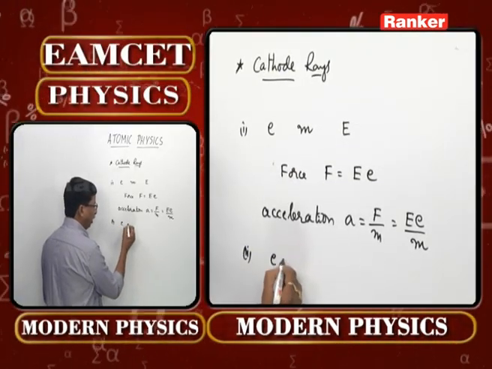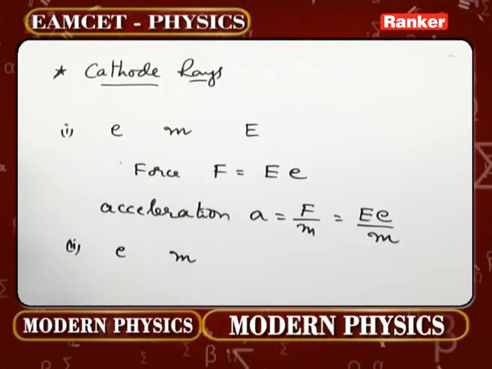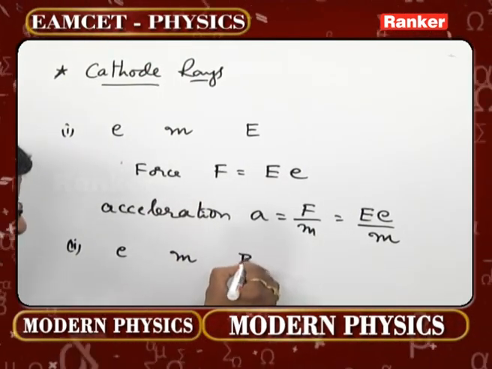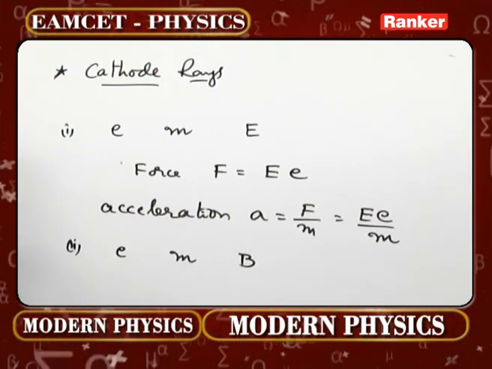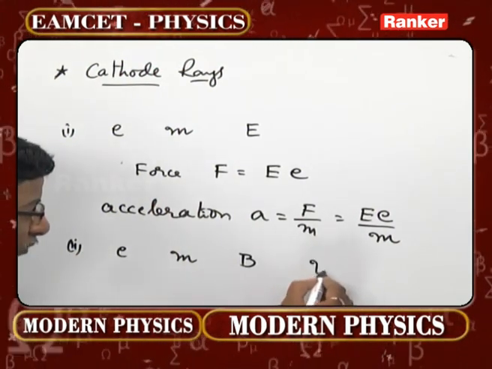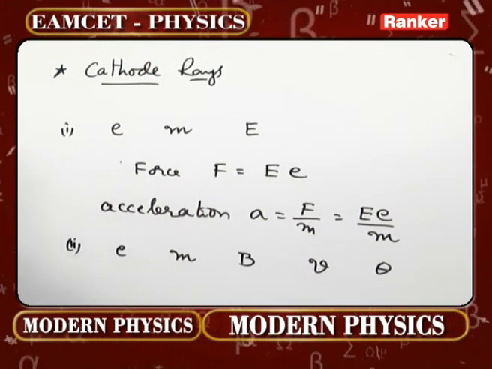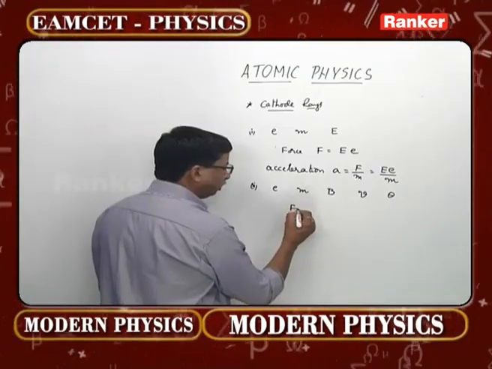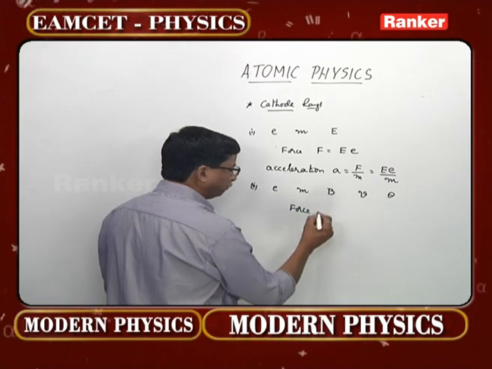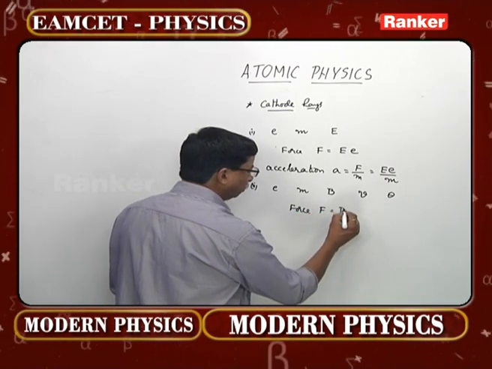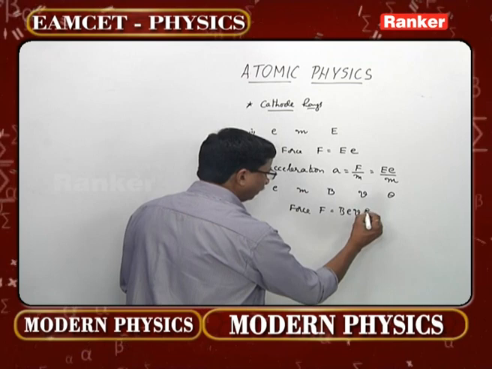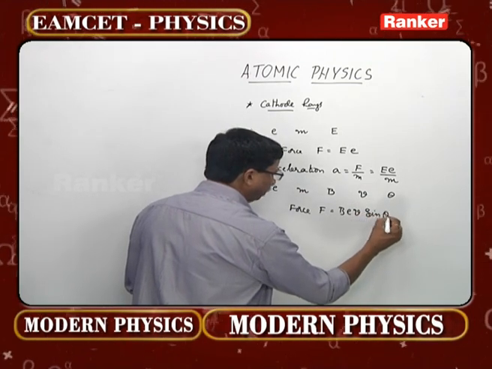An electron of charge e and mass m is entering an external magnetic field of induction capital B with a velocity v, making an angle theta with the direction of the field. Then what is going to be the force it is going to experience? F is equal to Bev sin theta. That is the formula.